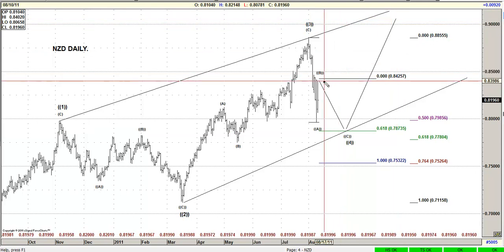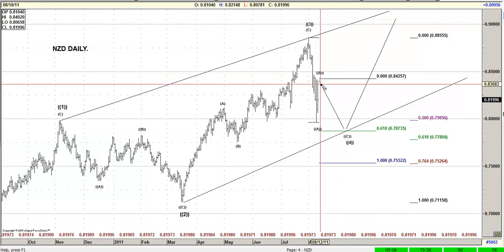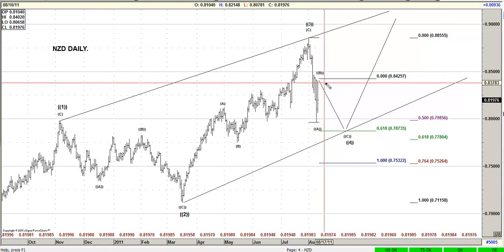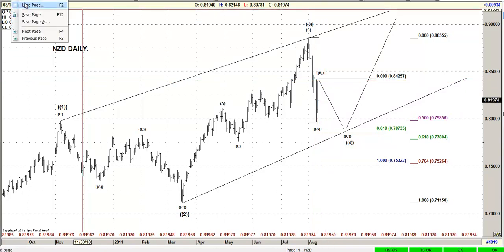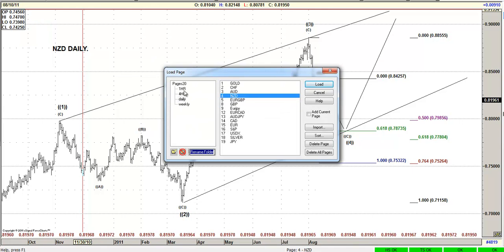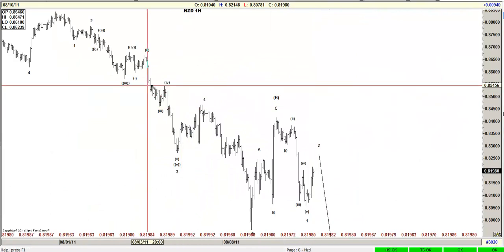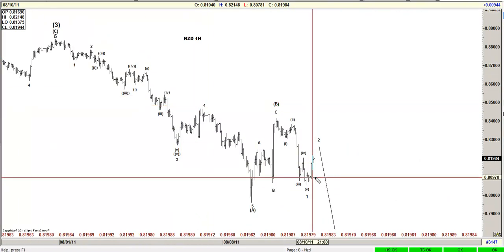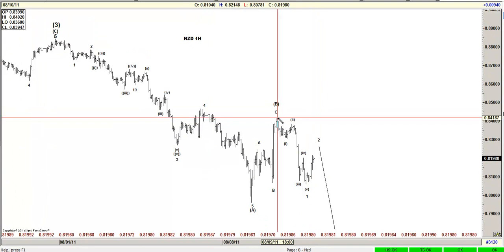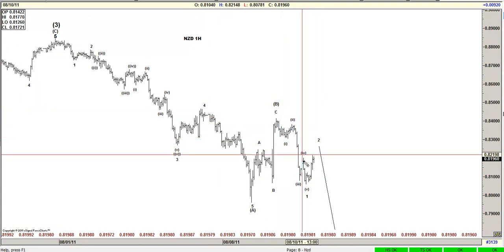Now, how are we going to see that? We're going to try to search New Zealand according to the way it's structured, and then looking at the 1 hour chart. At least when I did the dates, New Zealand made a nice 5-wave move from the secondary top right here. 1, 2, 3, 4, 5.